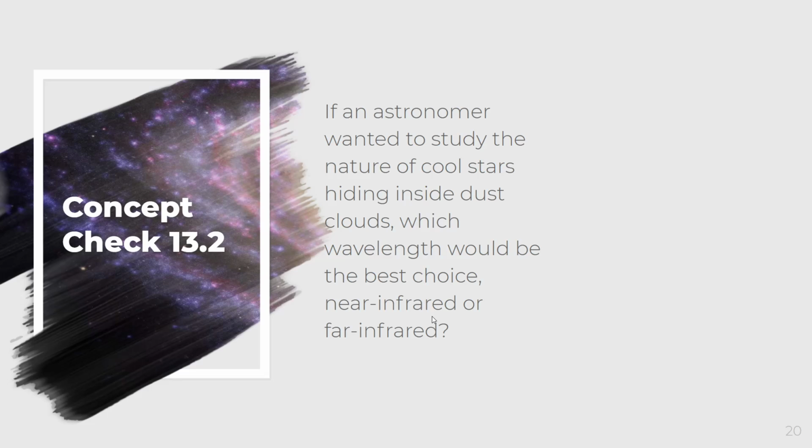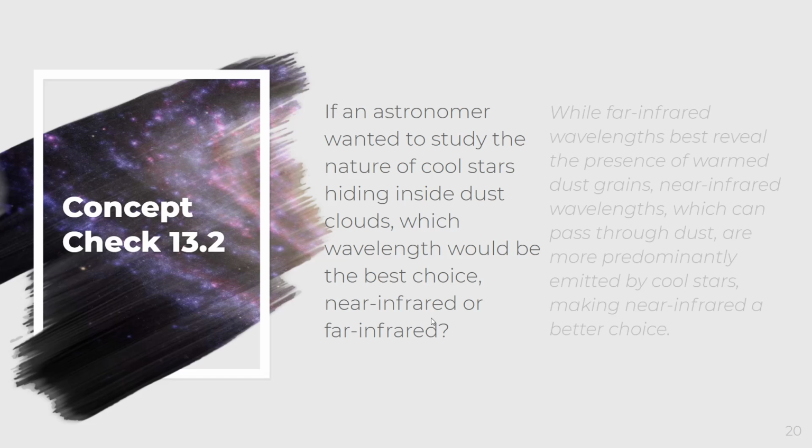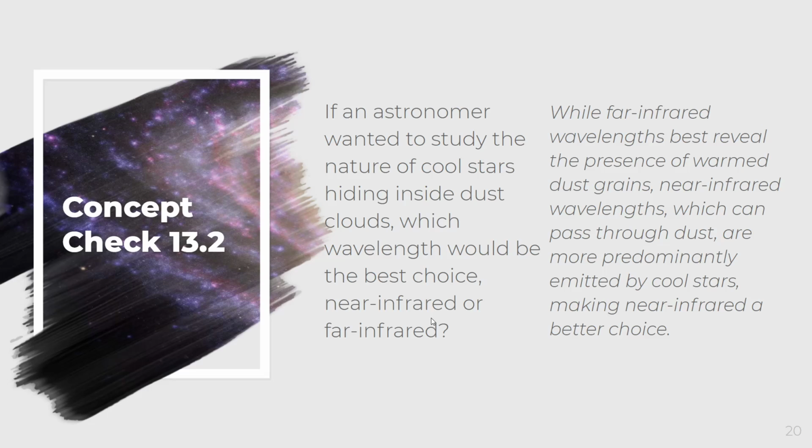So, if an astronomer wanted to study the nature of cool stars hiding inside dust clouds, which wavelength would be the best choice, near infrared or far infrared? Well, near infrared wavelengths can pass through dust. So if we wanted to ever see anything through dust, we'd still probably want to use that near infrared.